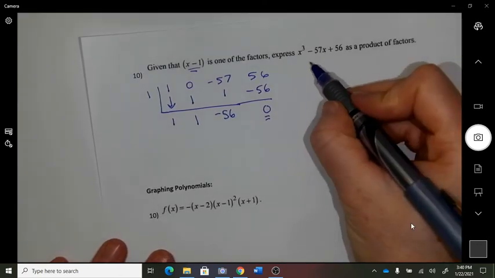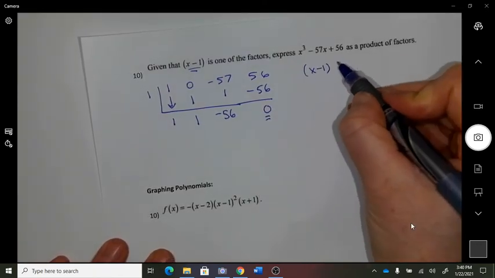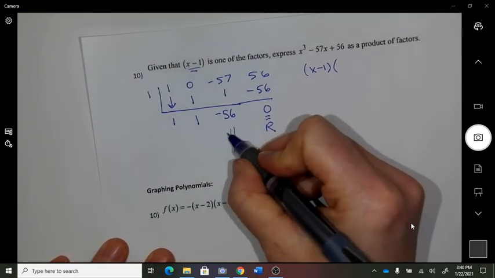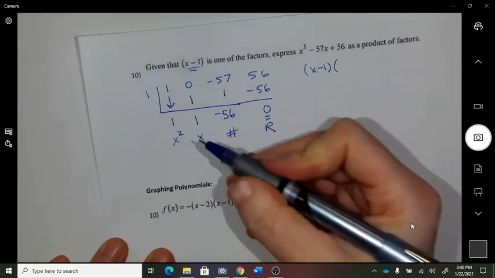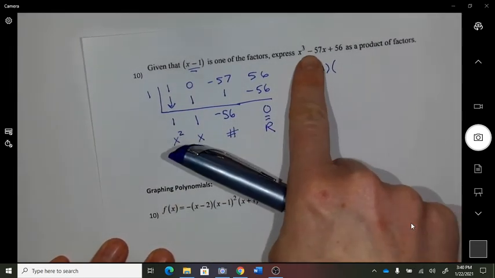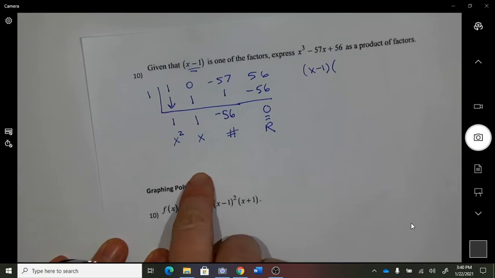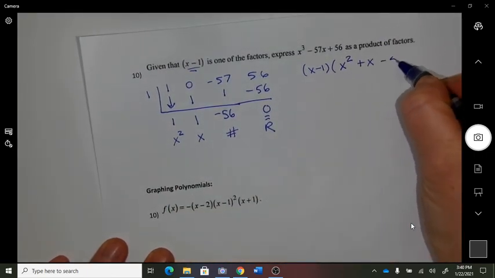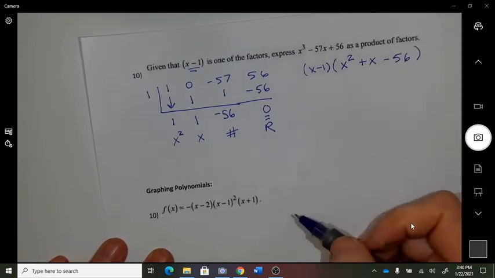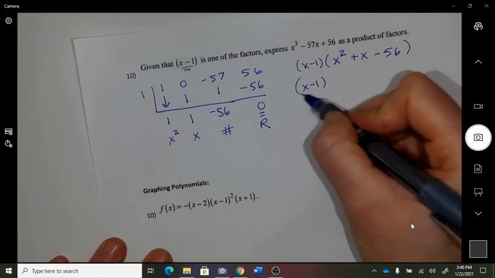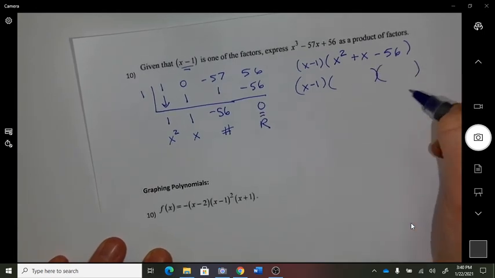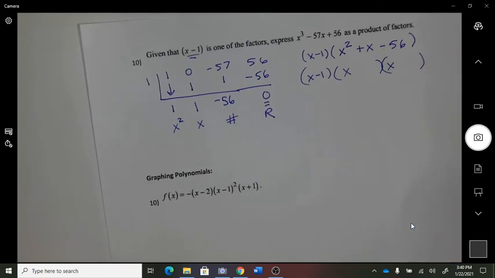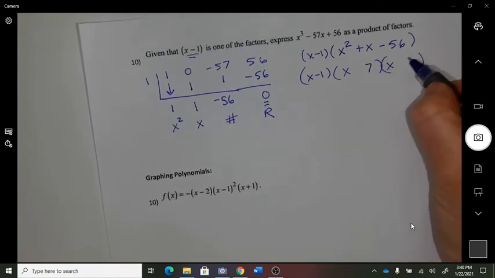Okay, so now I had the factor x minus 1. This is the remainder, the number, the x squared. And it makes sense, a cube divided by x would result in an x squared. So 1x squared plus x minus 56. And I'm going to try to break this down. So x and then 56 is a product of 7 and 8.